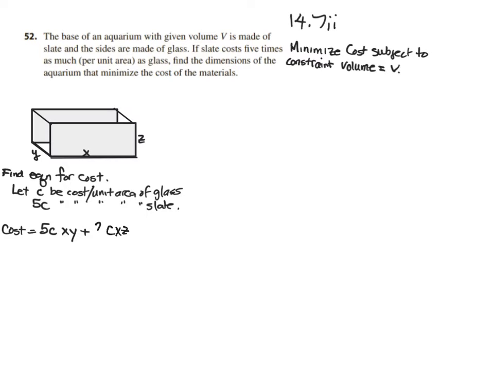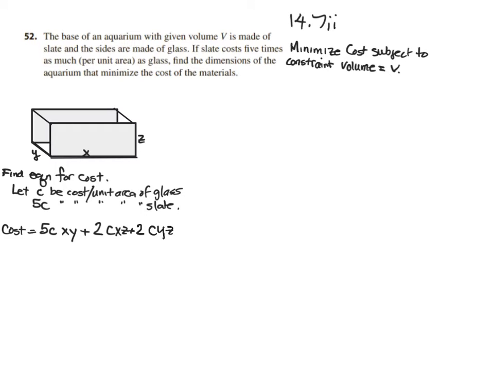The back will be the same. This left side over here, this is z, so the area is y times z. Multiply it by the cost. That's how much that left side costs. And we have the right side as well, so we multiply it by 2.